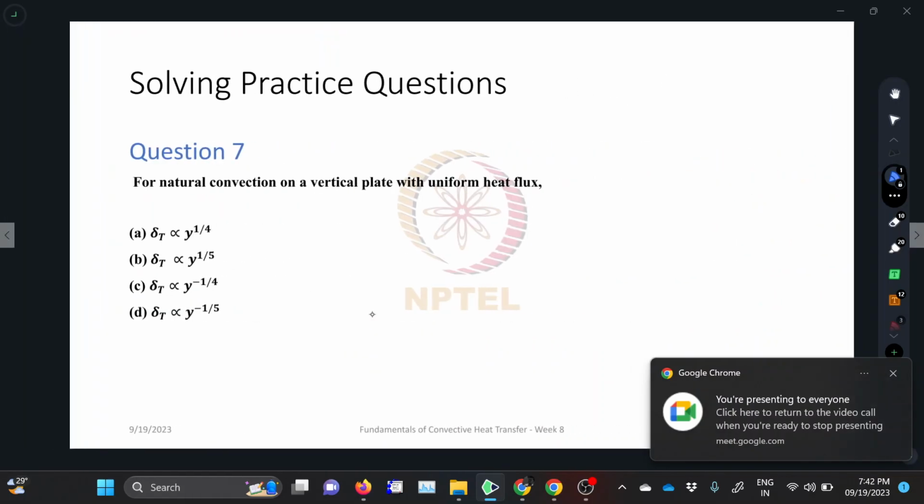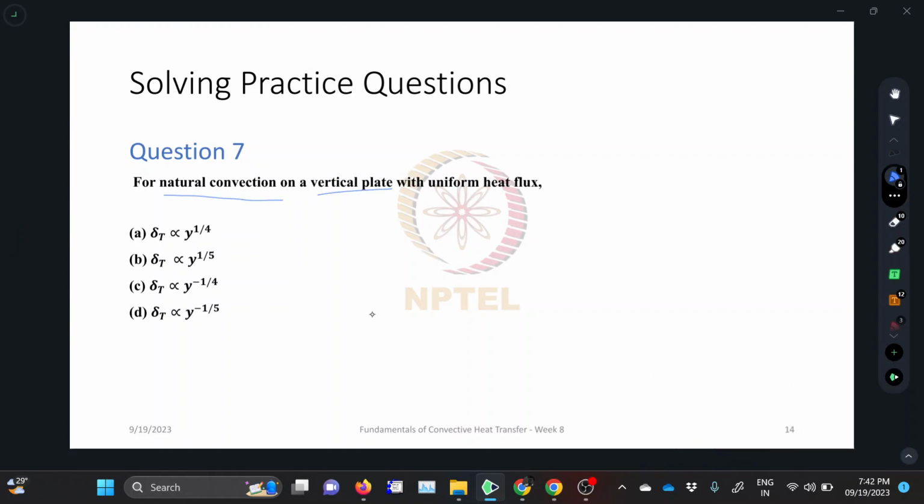We will move on to question number 7, which is asking us that for natural convection on a vertical plate with uniform heat flux, what is the relationship between the thermal boundary layer thickness delta T and the distance from the bottom of the plate, or the top of the plate in case the plate is colder than the ambient fluid? So is it delta T proportional to y to the power 1/4?